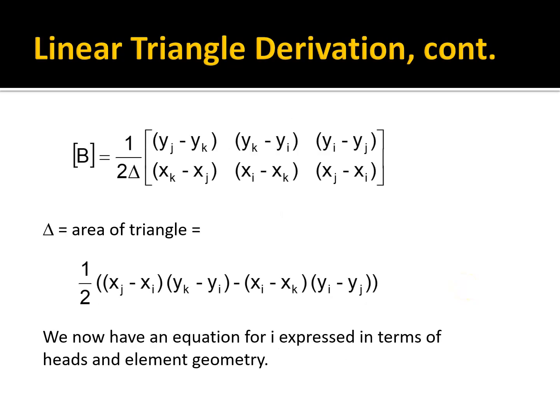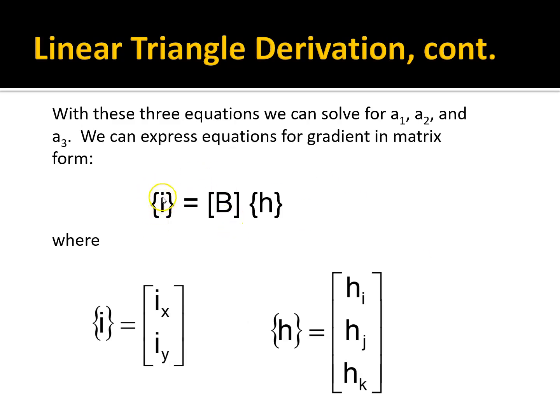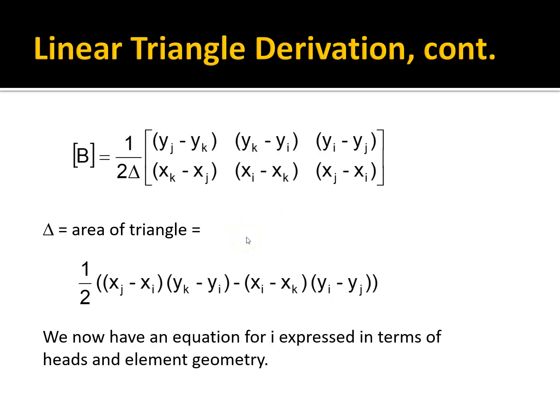By the way, this is a 2 by 1 matrix, and this is 3 by 1, and so B is a 2 by 3 matrix, and that actually works out. So B is based on the geometry. This is just a function of the differences in y and the differences in x. But there's this coefficient out front, 1 over 2 delta, where delta is the area of the triangle, which is 1/2 times xj minus xi times yk minus yi minus xi minus xk times yi minus yj.